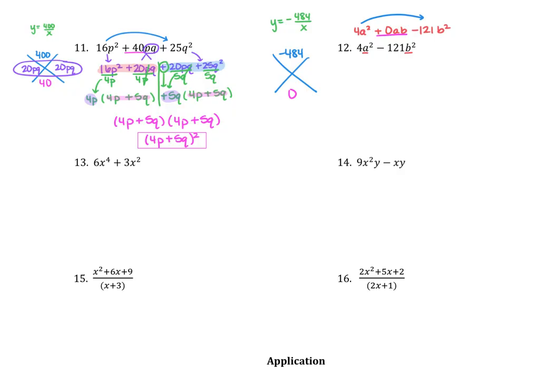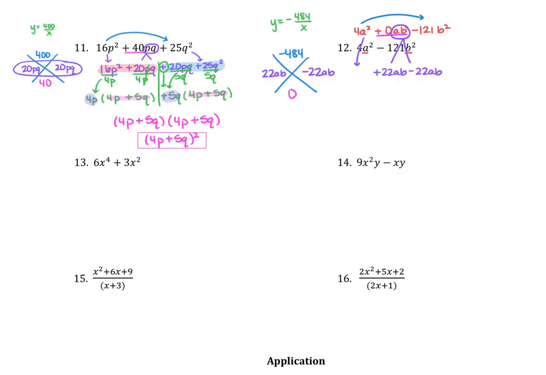Since they add to give me 0, they have to be the same number, different signs. That's going to give me a positive 22 and a negative 22. I'm going to take the variable that's on the b term, which is ab, and add that to both of my factors. I'm going to split that b term to be positive 22ab and negative 22ab.